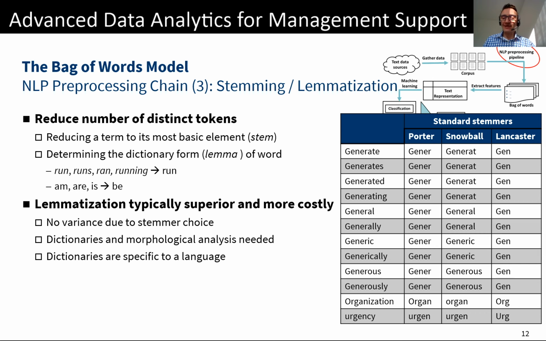Same with am, are and is, the dictionary form is be, but stemming could never identify that. So the best a stemmer could do here is to leave am and is as they are, without noticing that the concept expressed with using these words is the same, and that they could be mapped to the same token. But a stemmer is not smart enough to do that.